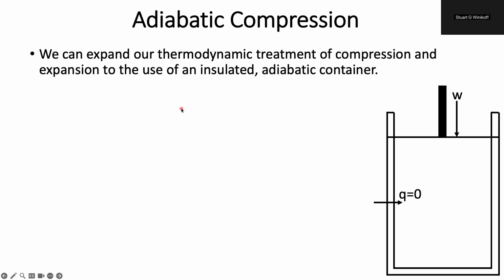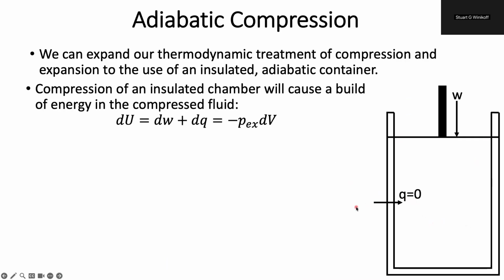So we can look at our similar compression and expansion of a fluid in an insulated adiabatic container. The major idea here is that if I'm working at a piston with insulated surroundings, this means I can prevent the heat transfer from going across the boundaries, or it's adiabatic. Again, no heat. That means the only way we're really going to see energy entering or exiting the system is going to be as work.